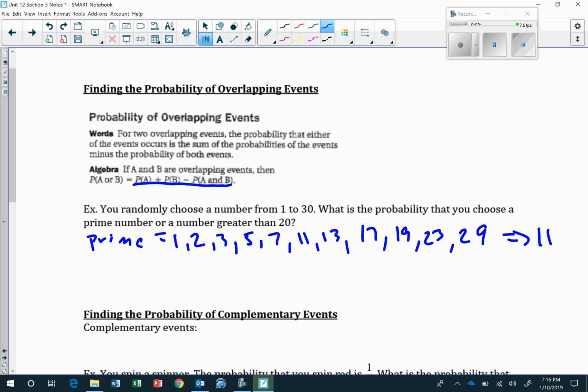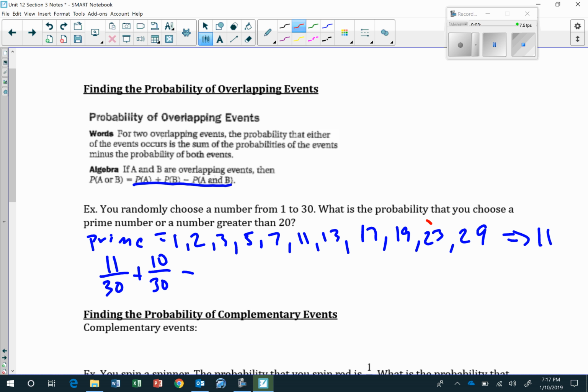So the first thing we need to do is find the probability of event A. Event A is a prime number. So that's 11 over 30. That's the 11 prime numbers we have over the 30 total. Then we need to add to that the numbers that are greater than 20. There's 10 numbers greater than 20 out of 30 total numbers. Then we need to subtract the ones that are prime and greater than 20.